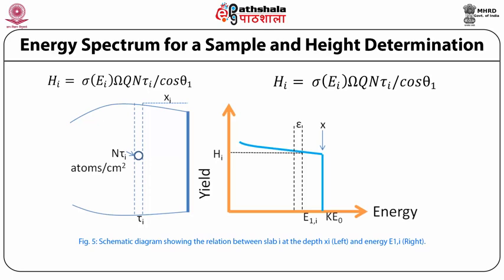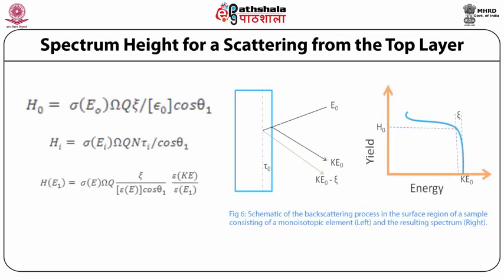If there is a tilt in the incident particle from the normal of the surface with angle theta 1, then the equation can be written as Hi is equal to sigma Ei omega q n tau I divided by cos theta 1. Spectrum height for a scattering from the top layer.